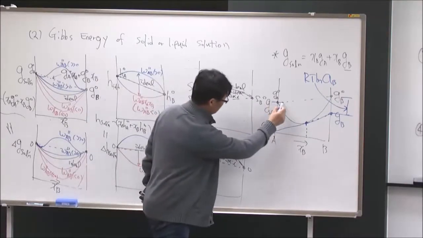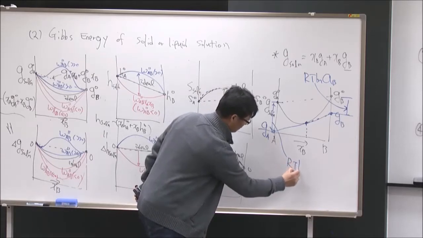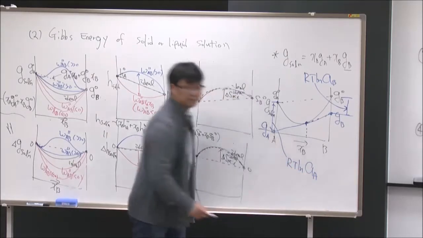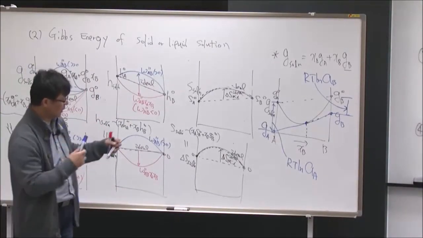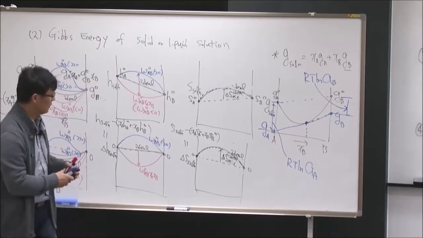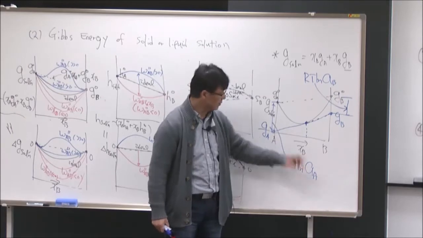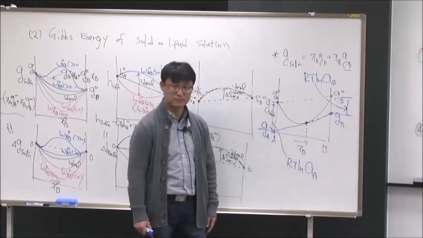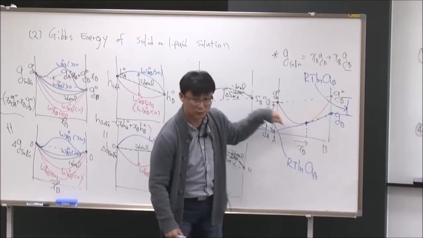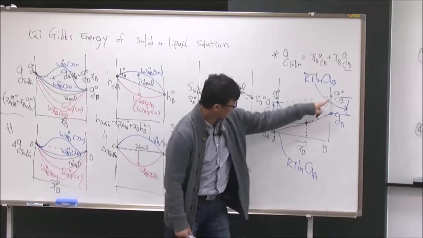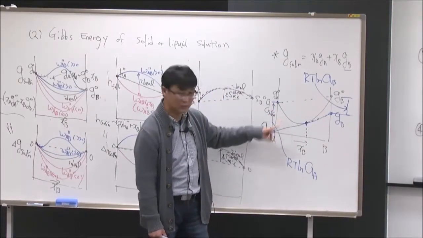And this difference is RT ln activity of A. So now from the graph, let's look again at the activity and Gibbs energy relationship. If I know the activity of A and B for the entire composition range, then I know where this point should be as the composition changes, and I can trace how this shape looks. So activity and Gibbs energy have a one-to-one relationship.